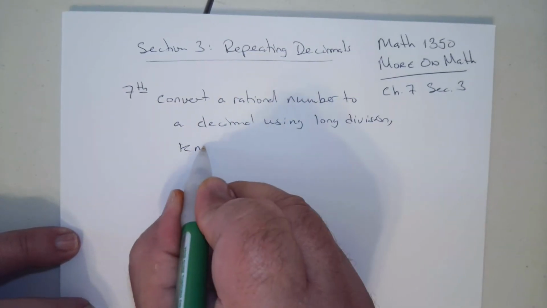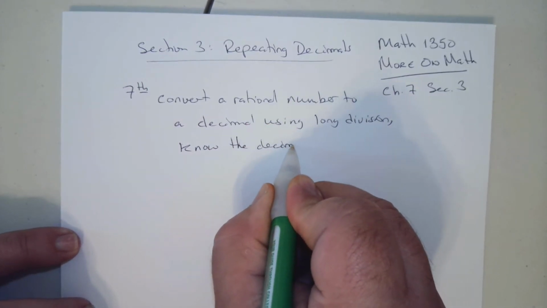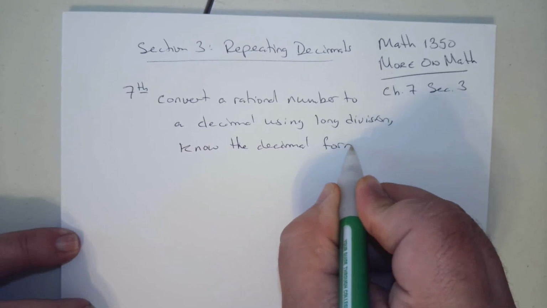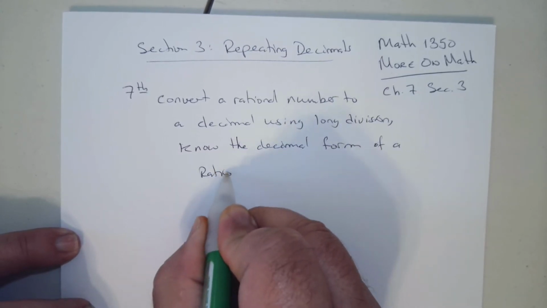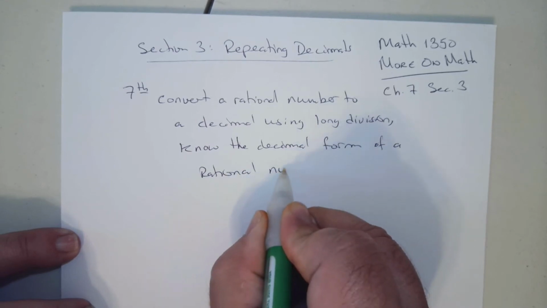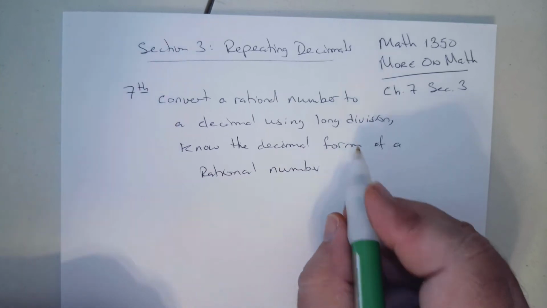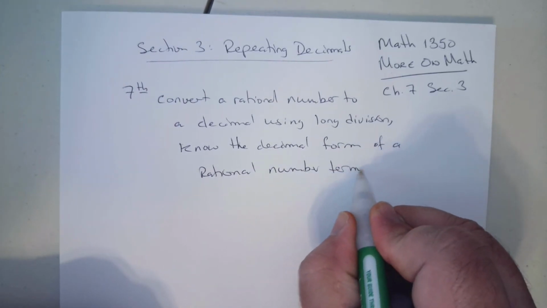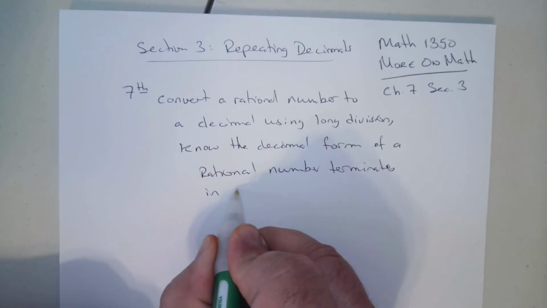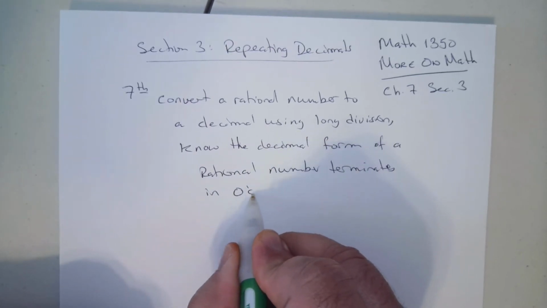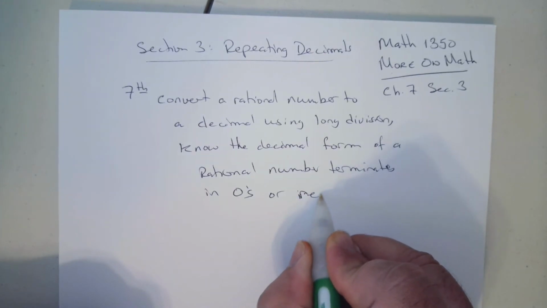Also, they should know the decimal form of a rational number terminates in zeros or repeats.